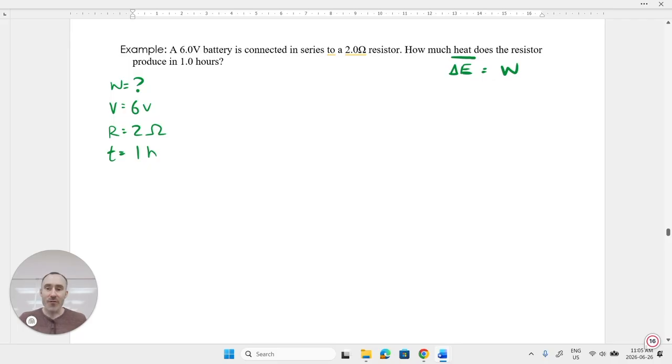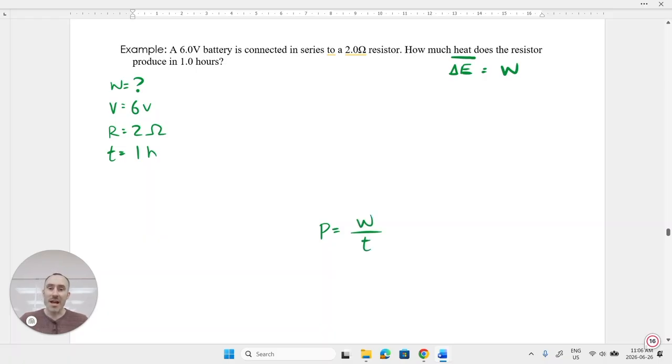So I don't have a formula that's going to do this whole thing in one step, right? Work, voltage, resistance, time. So I'm going to think about going from the end to the beginning. If I wanted to calculate work, probably I'm going to end up using P equals W over T, right?